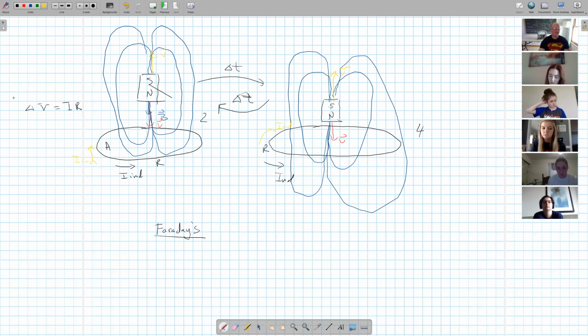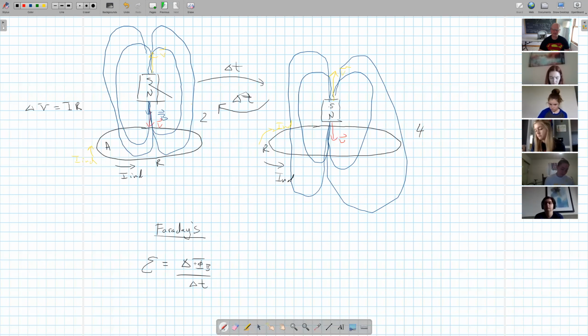What this means is, by Ohm's law, to have a current moving, we have to have a potential. So what Faraday's law says is that the presence of the current is due to some sort of potential being created inside of the wire, which means that this potential, or this EMF source, is equal to the change of the flux divided by the change in time.